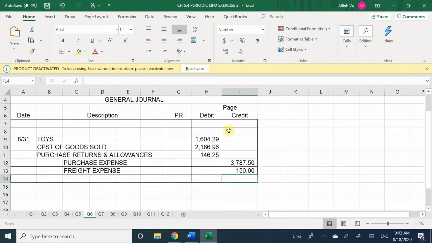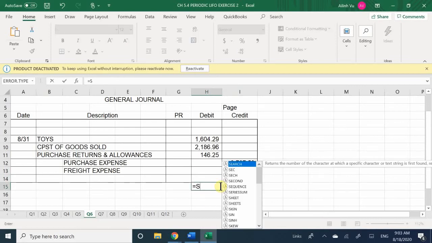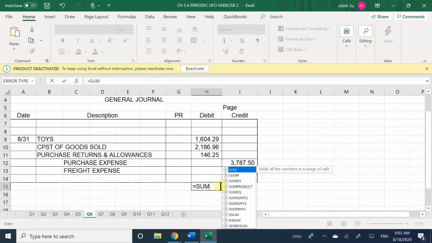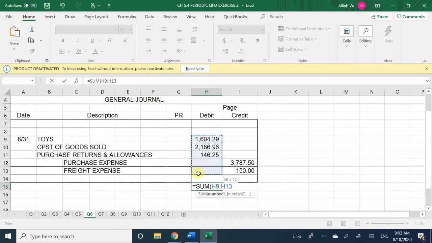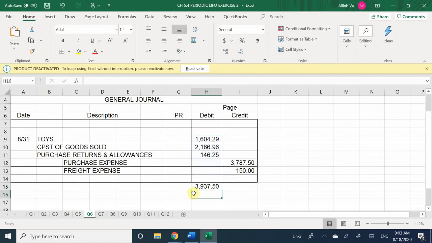All right, let's tally up these totals just to ensure our accounting is correct and that our journal matches. Yes, they balance. Yay! See, the more practice that you get, the better.